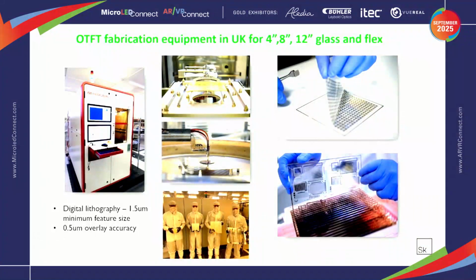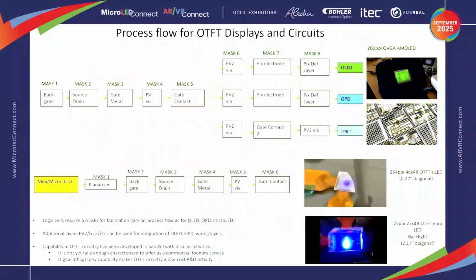This shows some of the facilities within the UK we use for prototyping, and a lot of the demonstrators that you'll see in this presentation are made within this facility, but we're now transferring more of this activity to Taiwan. The process shown here uses a number of photolithography process steps, including wet etching and dry etching.